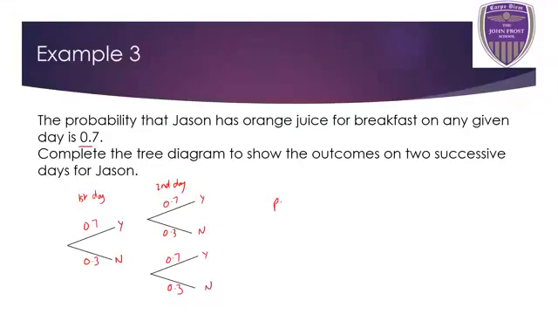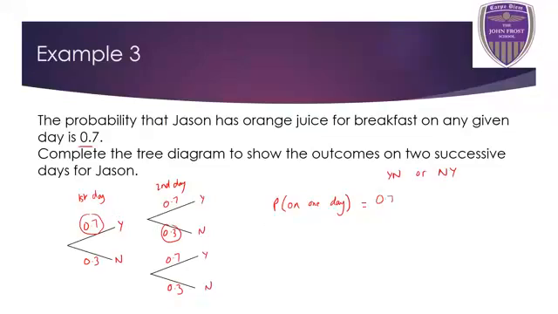So if we want the probability that he had juice on 1 day only, that means he might have it on the first day, but not on the second day, or not on the first day, but has it on the second day. So we want this yes, no, so 1 day only.